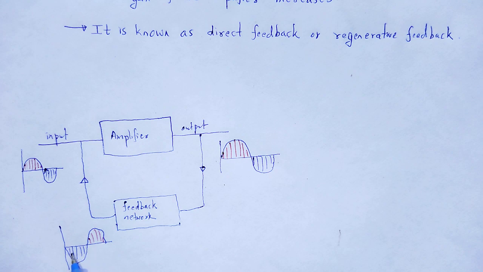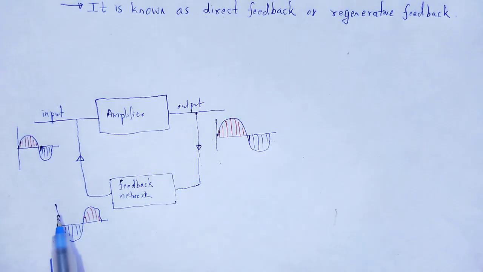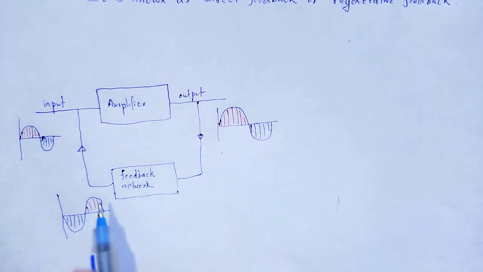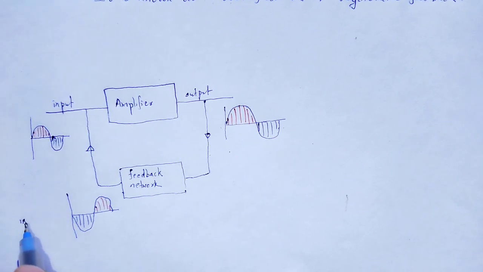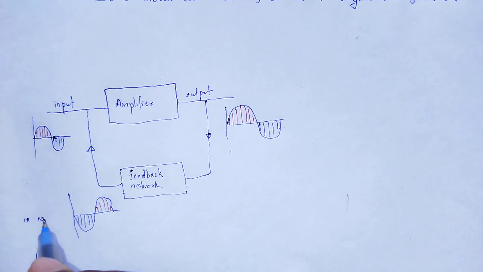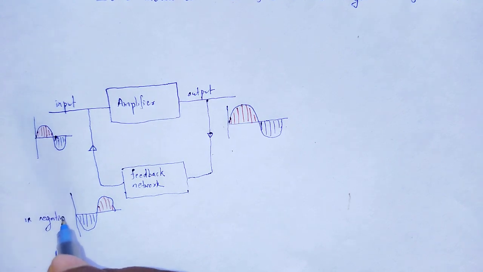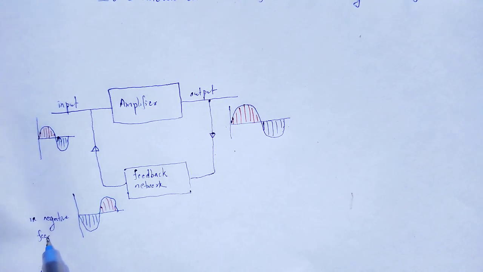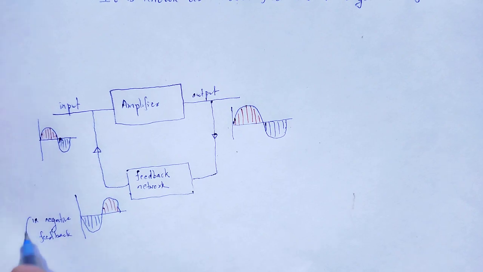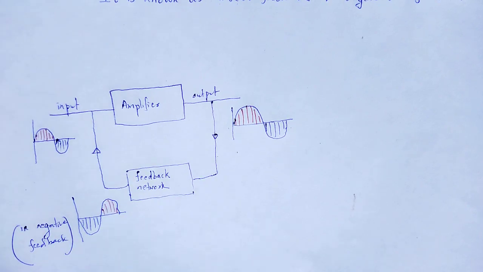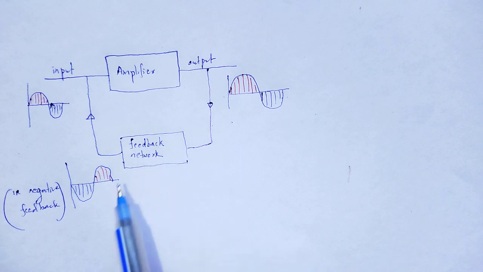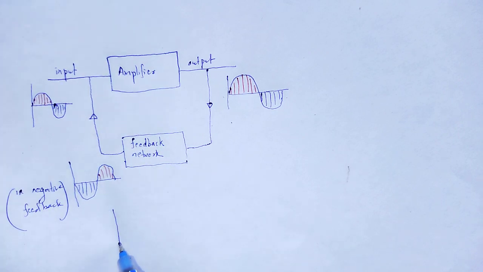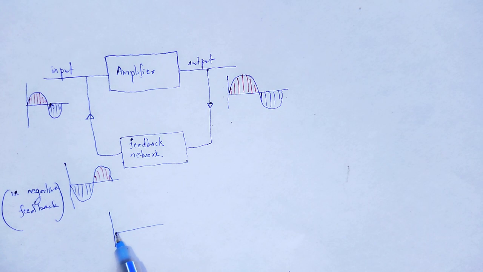That is out of phase in case of negative feedback, but in case of positive feedback, the output from the feedback network is in the same phase.